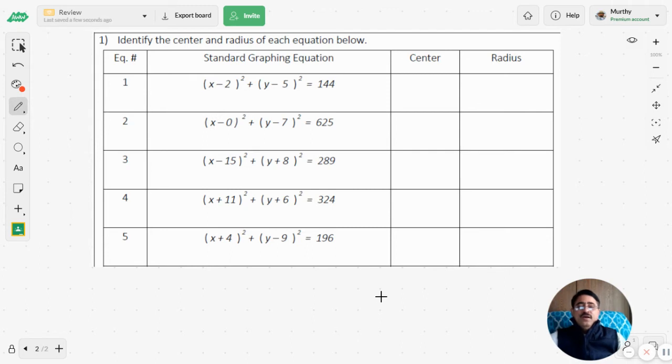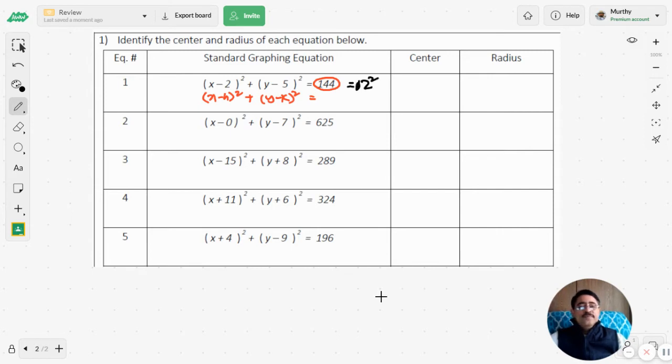First of all, let me write the formula: (x minus h) squared plus (y minus k) squared equals, how can I write 144? I know this can be written as 12 squared, 12 times 12 gives me 144.